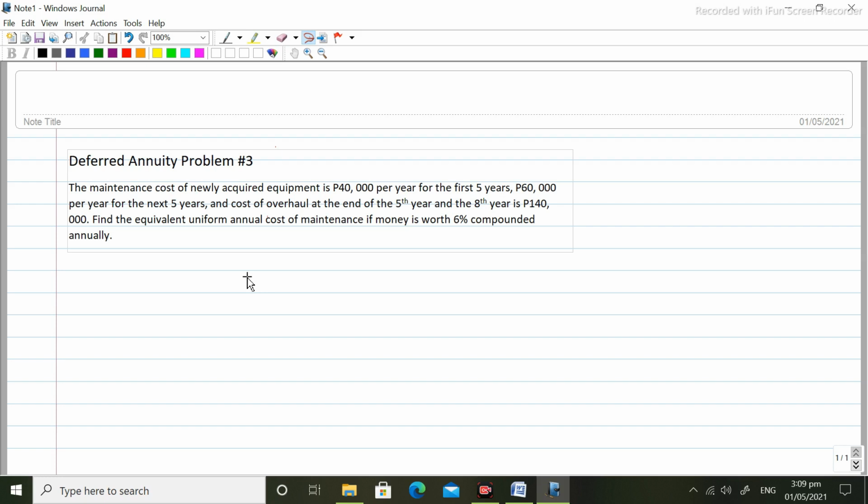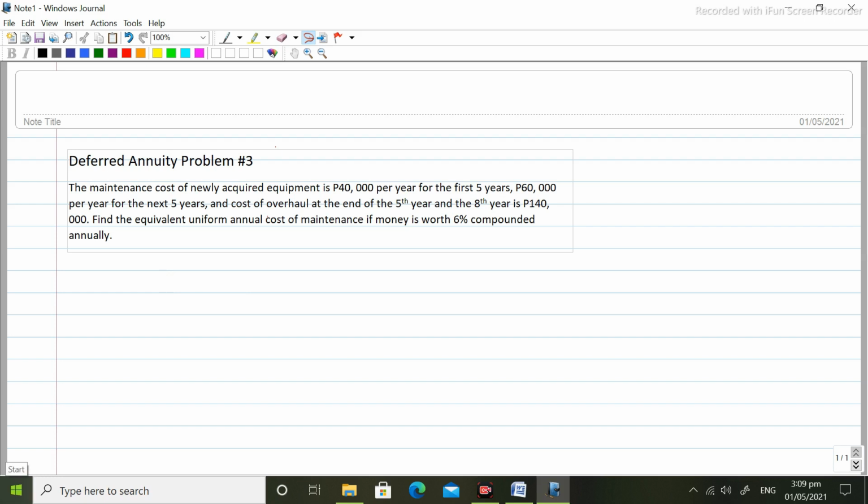And the cost of overhaul at the end of 5th year and 8 years is 140,000. Find the equivalent uniform cost of the maintenance if money is worth 6% compounded annually.